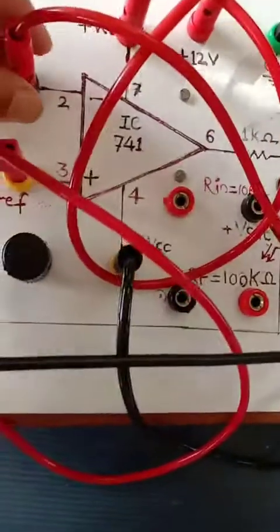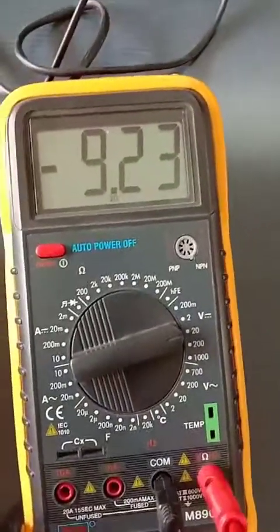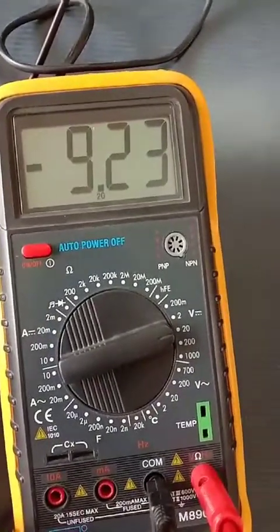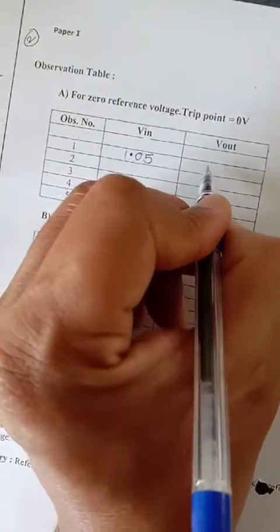Then I am connecting the positive wire of the multimeter at the output, that is at pin number 6. See here, the output is negatively saturated and it is -9.23. So the output voltage is -9.23.